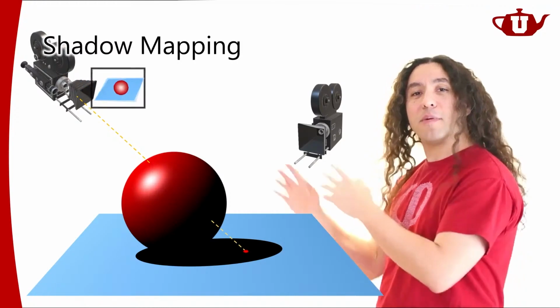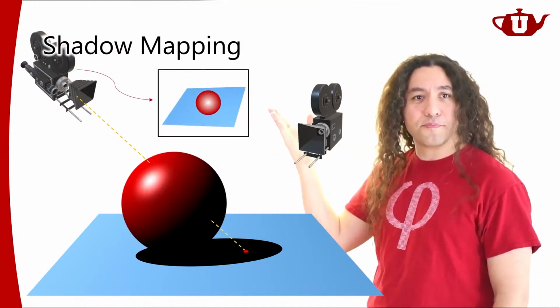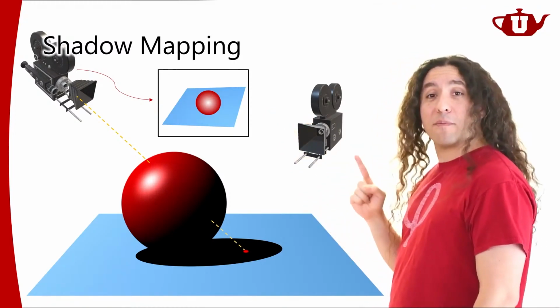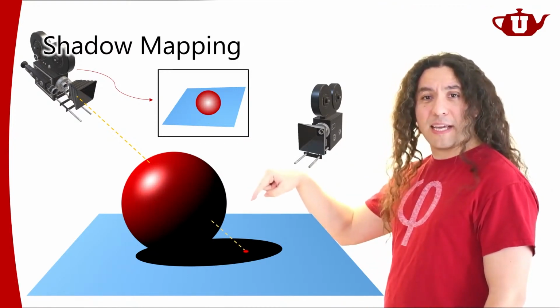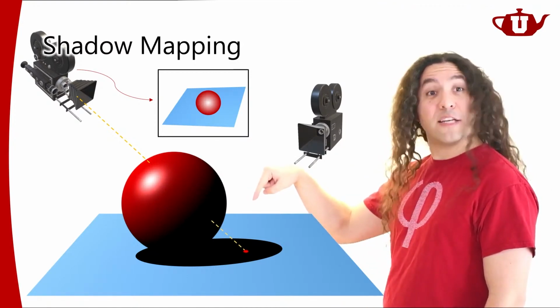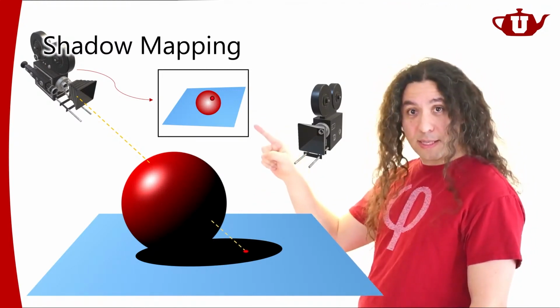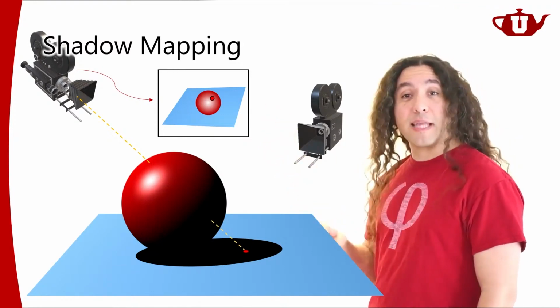Let's say I rendered an image from my light source camera, and it looked something like this, right? So when I'm rendering from this camera, all I need to do, when I check whether this marked point is in shadow, is find where it corresponds to on this light image. If the light can see that point, that means it's not in shadow.